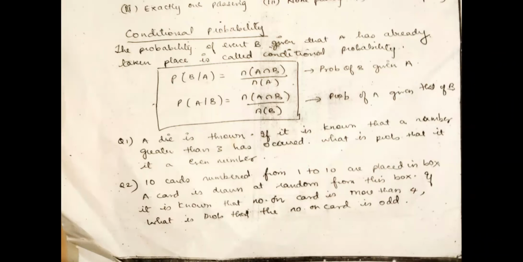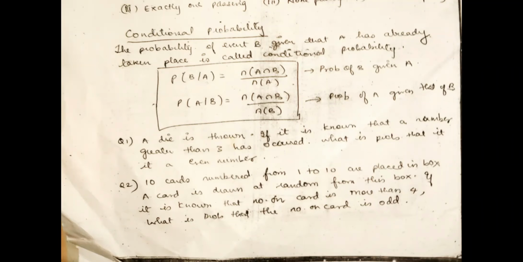If it is known that the number on it is more than 4, what is the probability that the number on the card is odd? Okay, first condition is what? There are 10 cards in the box, so the sample space will be 1 till 10.